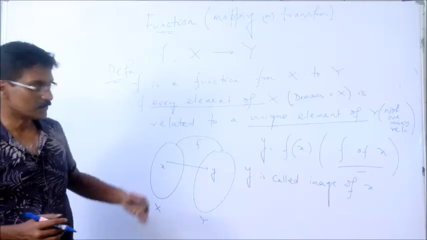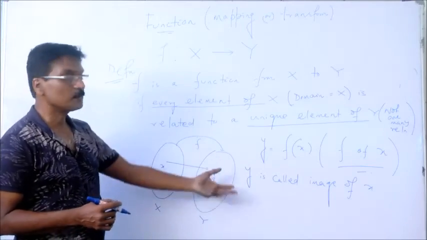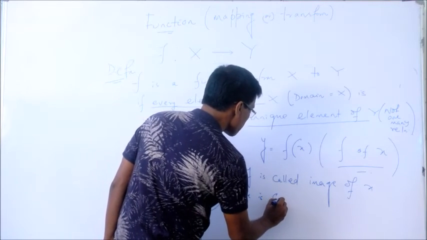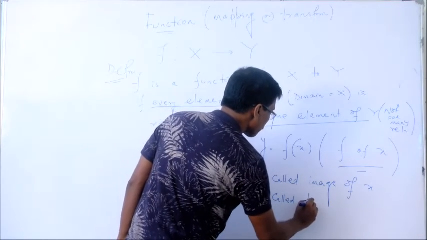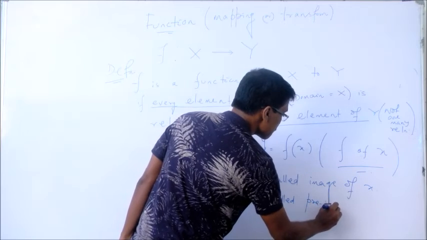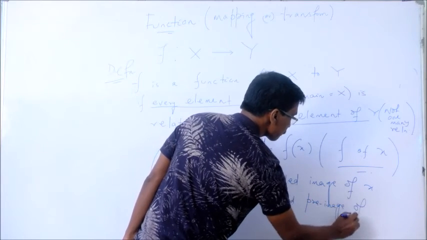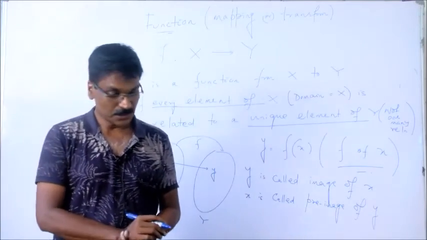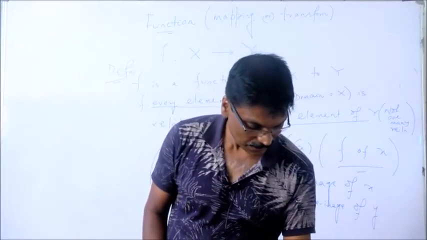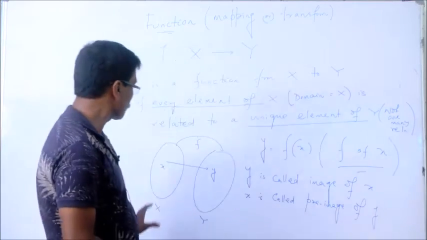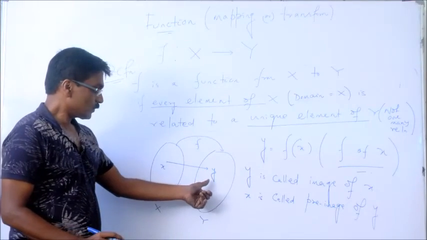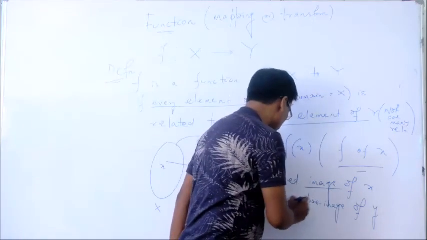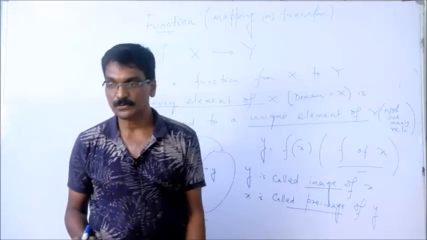It is called image because if you have a mirror, then y will be the image of x, and x is called the pre-image of y. So, y is called image of x and x is called pre-image of y.